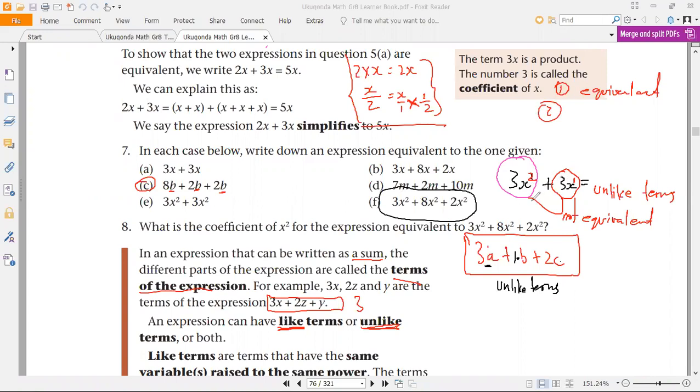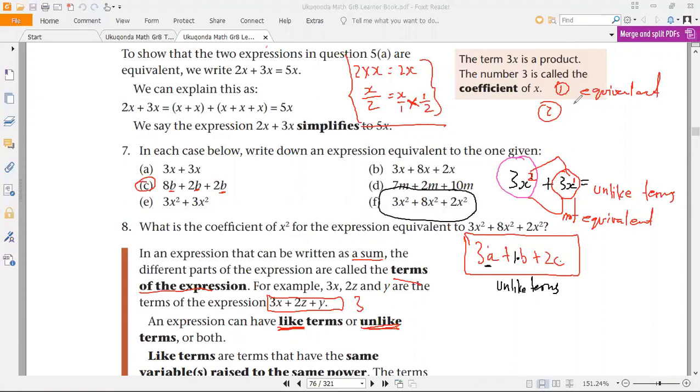When you look for like terms, don't check just the letter and say the terms are like, but also check if the exponents are equal. This is very important. So without testing if these things are equivalent, by just checking both letters and the exponents, we can tell whether the terms are like or unlike.